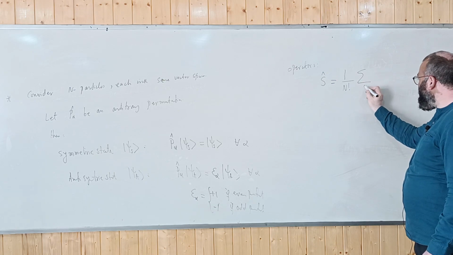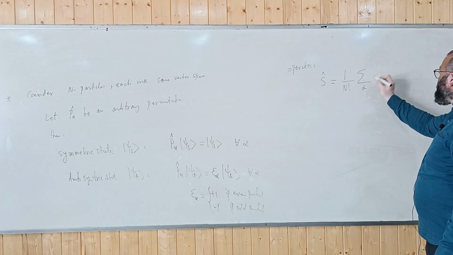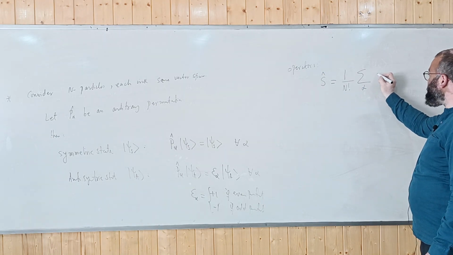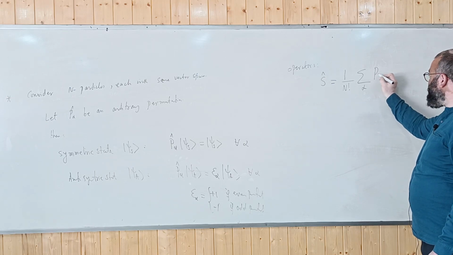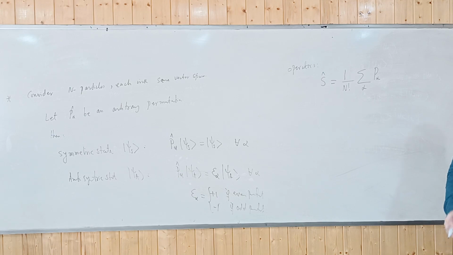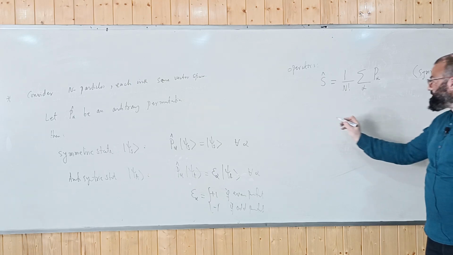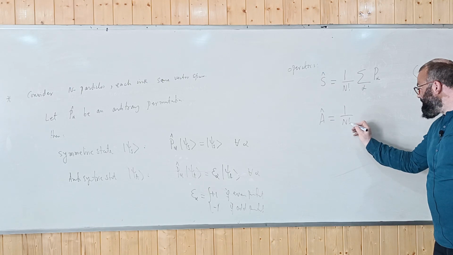Sum over all possible permutations, because alpha is a permutation. What should be here? P alpha. You sum over all the possible permutations. We call this operator the symmetrizer, because it symmetrizes your state.